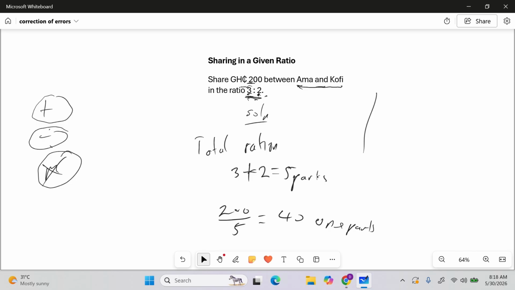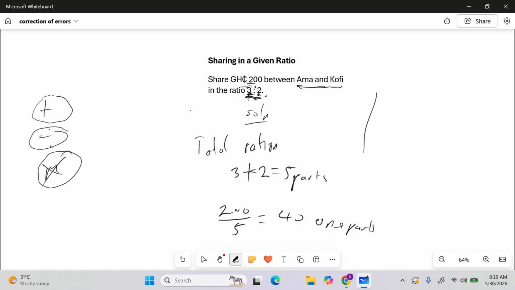Because Ama is taking 3 parts of the money, that is, Ama is taking 3, the ratio is 3. It means that Ama will take 40 Ghana cedis, 3 times, and Kofi will take 40 Ghana cedis, 2 times, because the money has been changed into 40 cedis, 40 cedis, 40 cedis, and I'm sharing it.